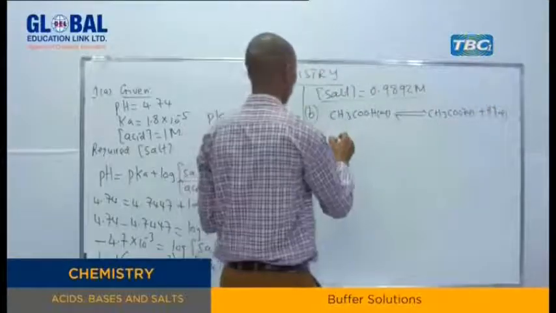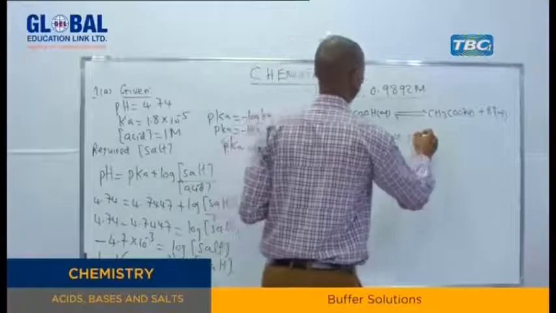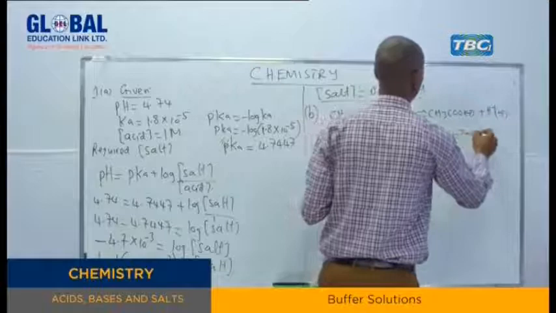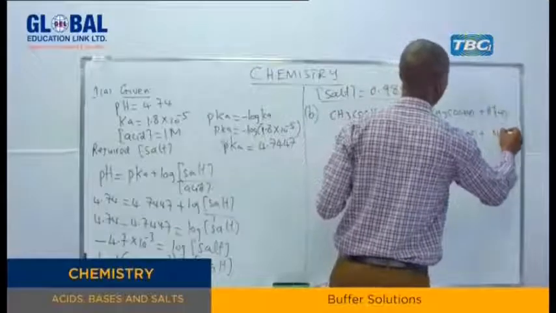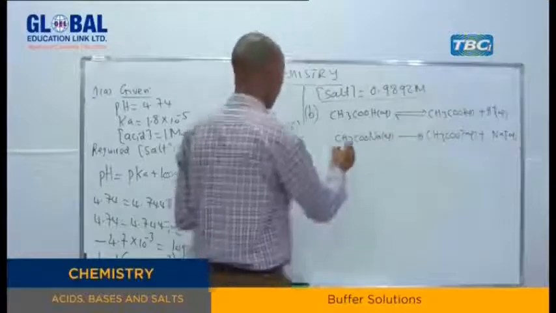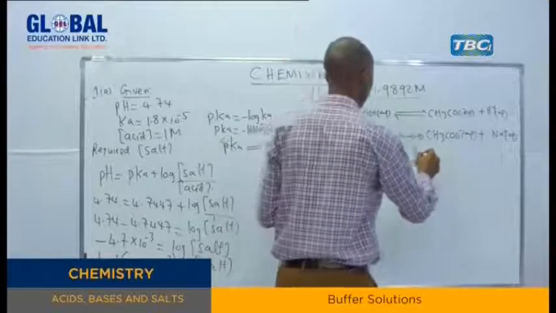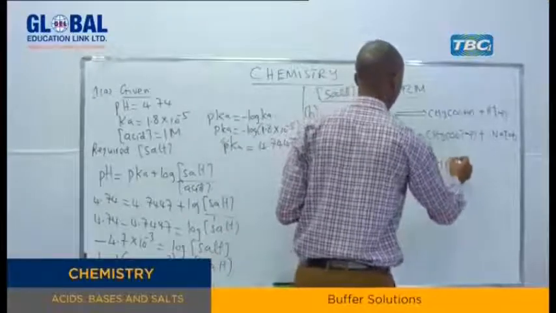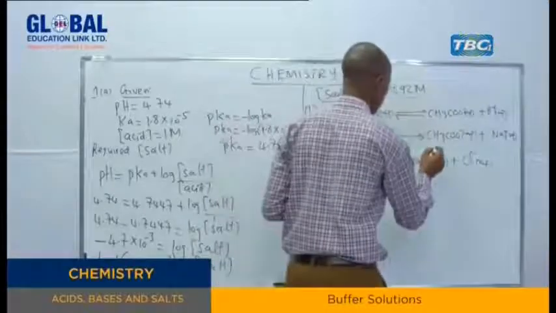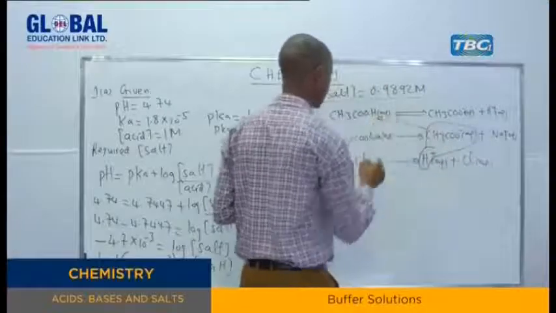We have also the sodium acetate, which ionizes completely to give the acetate ion and sodium ion. Now from there, hydrochloric acid is added. When it is added, it ionizes completely to give hydrogen ions and chloride ions. As we have said, these hydrogen ions will combine with the acetate ions to give acetic acid.